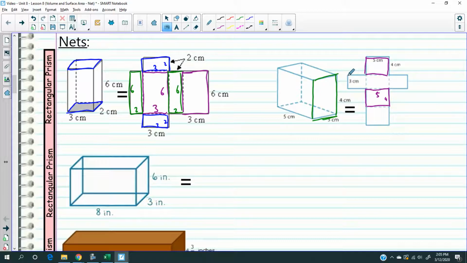Okay, so that's 3 by 4. And then the other flap on the side would be right here, right? 3 by 4. So that's the flap on the other side. Let me draw that.